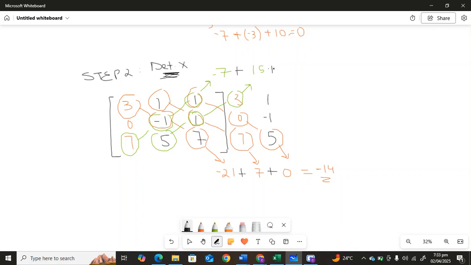Plus 7 times 0 times 1, this will give us 0. Negative 7 plus 15, plus 0, that will give us 8.